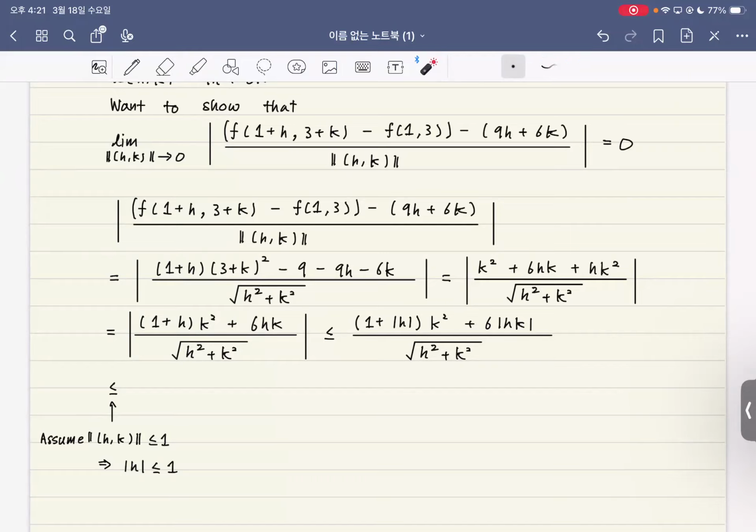So then this one is obviously less than 2, so everything is at most 2k squared plus 6hk, divided by this.